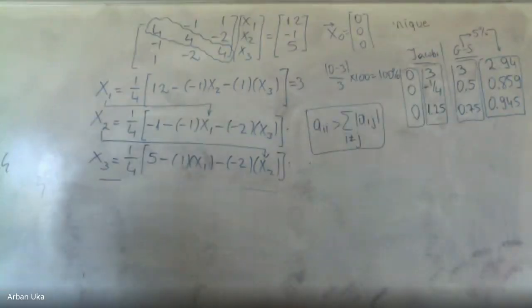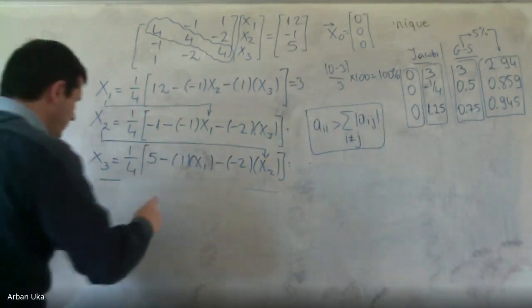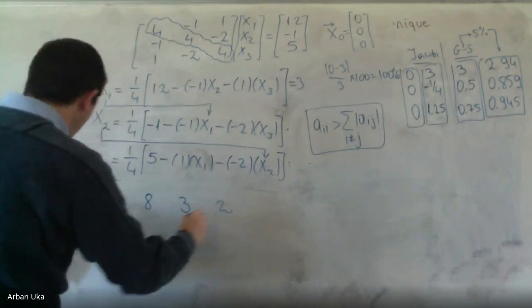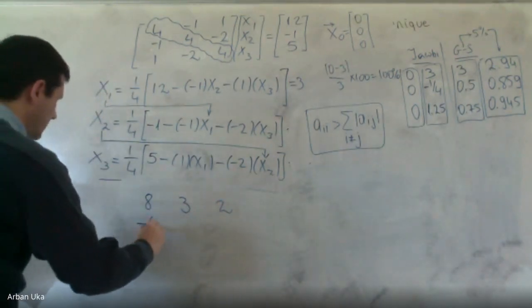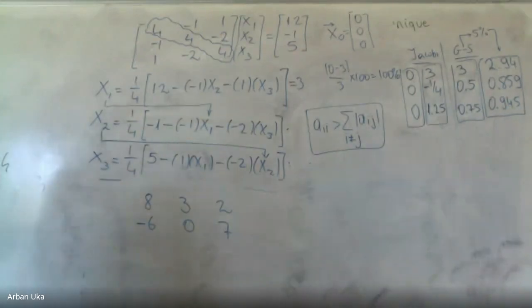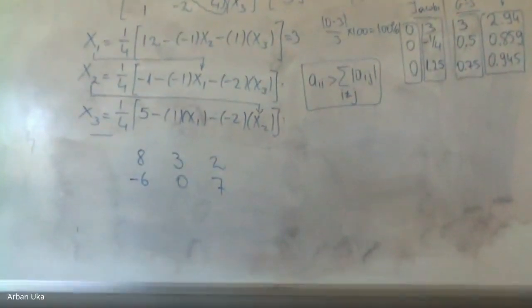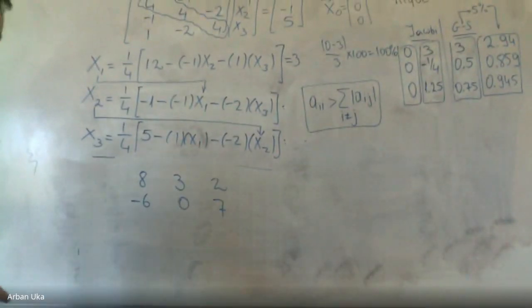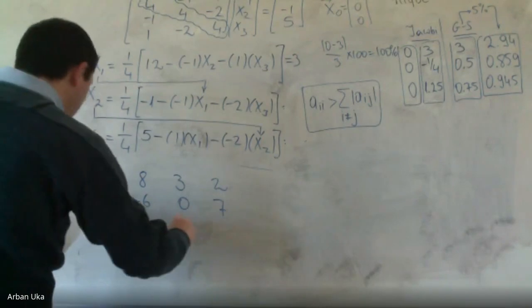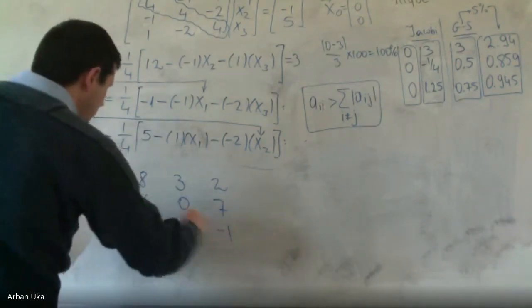Now I have a question for you. For the matrix which is given here, 3, 2, minus 6, 0, 7, 2, 4, minus 1, if we have a system where this matrix has the coefficients of the equations, would this converge if we use an iterative technique?